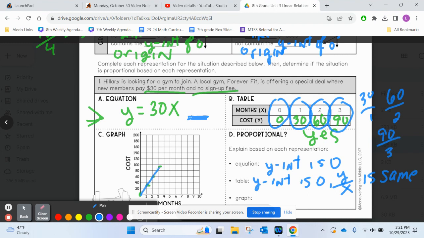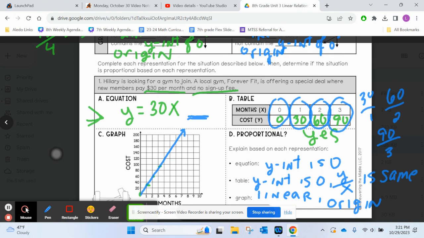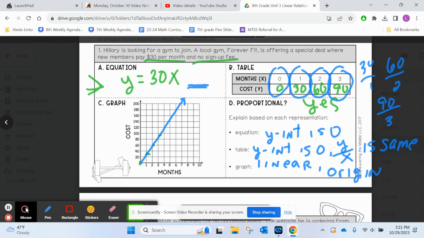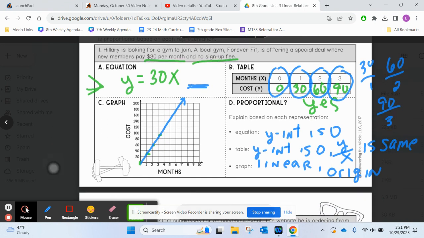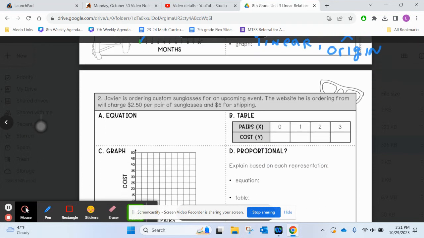And then in the graph, it is proportional because it is linear and because it is going through the origin. Okay, so 2 reasons that we can state that it is proportional. Okay, so if you will pause the video, get your packet to look at the second problem.